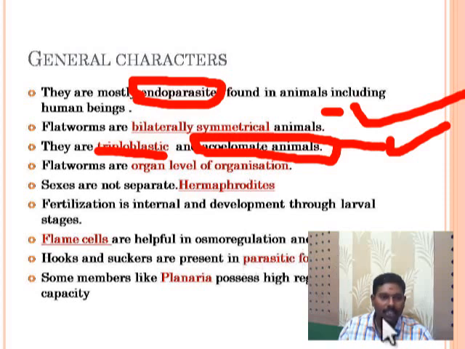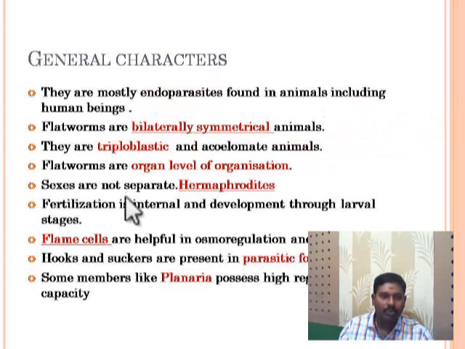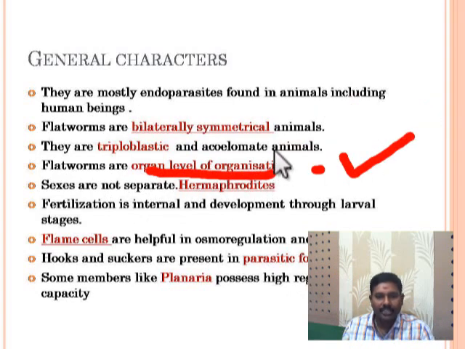Okay, and the next level is flatworms are organ level of organization. Porifera is cellular level of organization, and then coelenterates are tissue level of organization. Now the flatworms are organ level of organization. There is a gradual development from the lower group to the higher group.